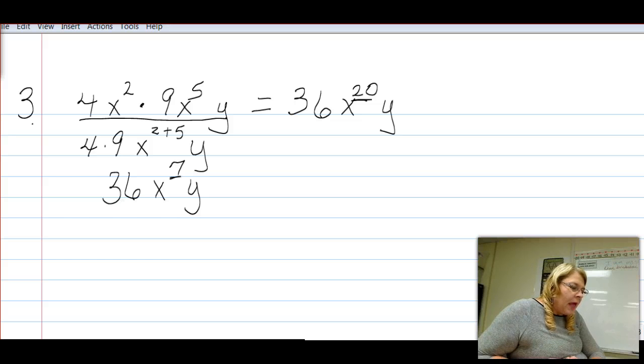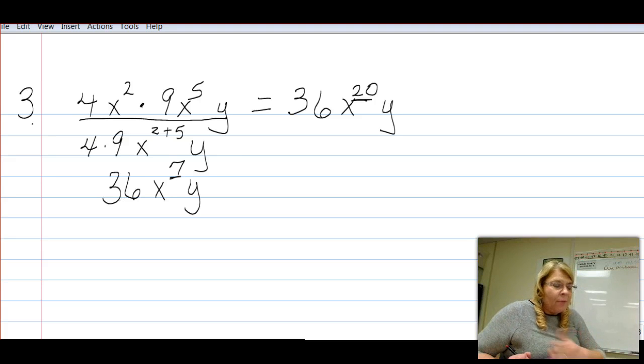Choice B, the exponents of x were not applied to the coefficients correctly. The exponents of x should never be applied to the coefficients. The third choice is the exponents of x were multiplied instead of added. That sounds like a really good answer, but let me read D. There is no mistake, the problem was worked correctly.